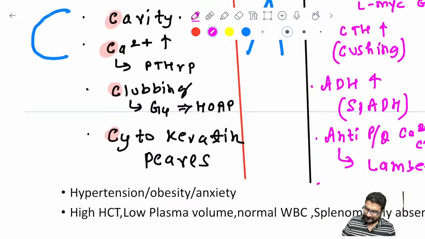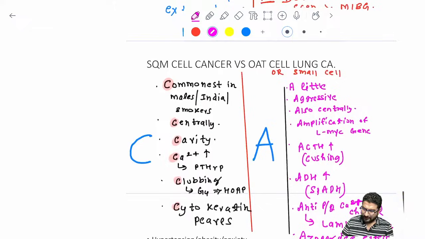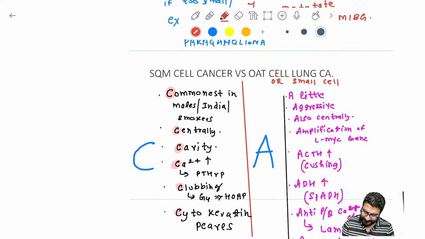And last, I understand, in biopsy you will find azopardy effect. So you can see all here, you can remember by mnemonic A. Simple.